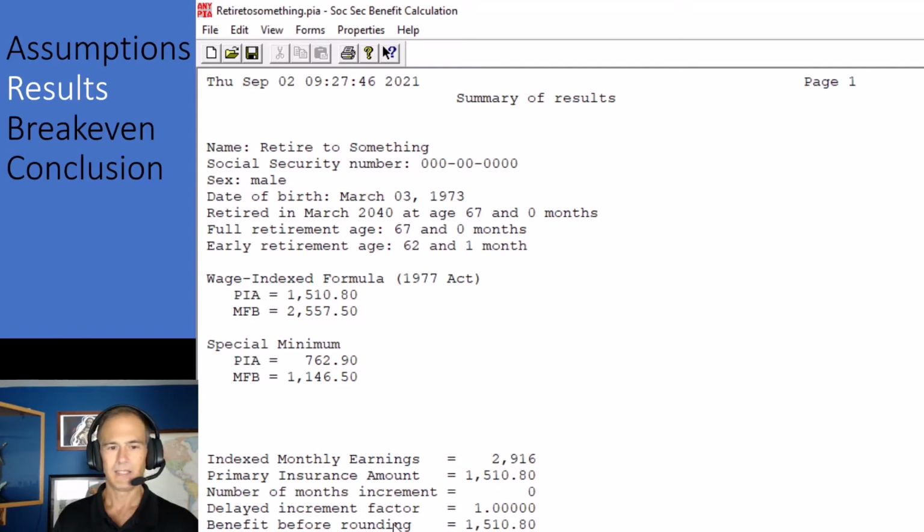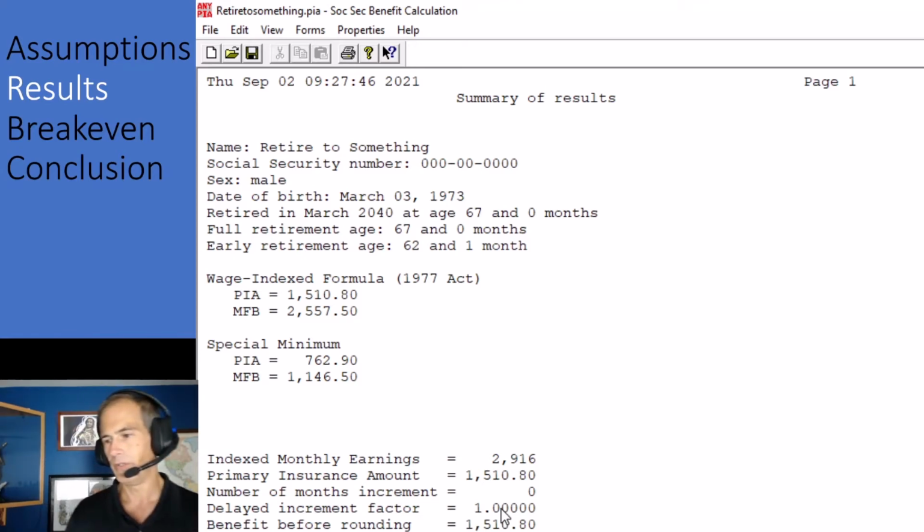And down here, we have the delayed increment factor, which in this case is 1. And this just multiplies our primary insurance amount by 1 in this case because it's our full retirement age of 67.